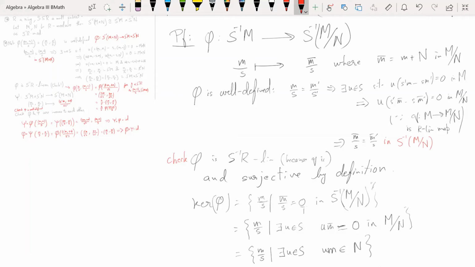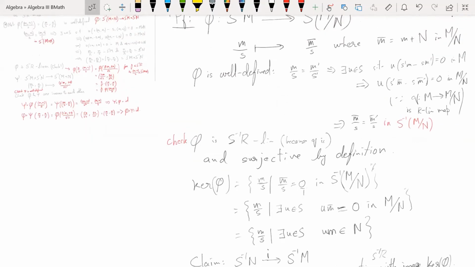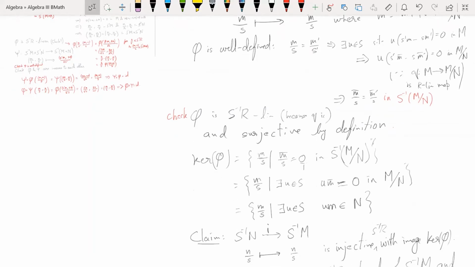So kernel of phi is, we have to take all equivalence classes M over S such that its image is 0 in S inverse M mod N. So that is the same as saying M over S such that M bar over S is 0 over 1 in S inverse M mod N. What does it mean to say M bar over S is 0 over 1?